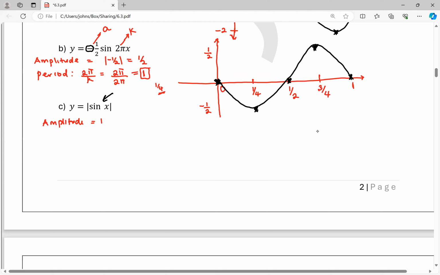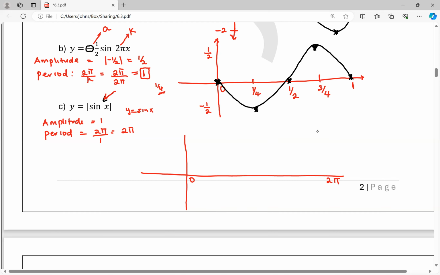And the period, in this case, is 2 pi over k, because k is 1, which gives 2 pi. So deal with what is inside and forget about the absolute value. In other words, we are just dealing with the graph of sine x, which we saw earlier. So this is going to be the same shape from 0 to 2 pi.